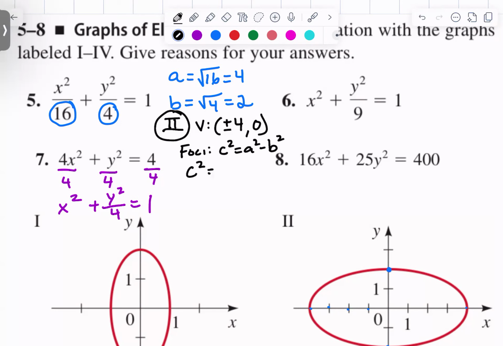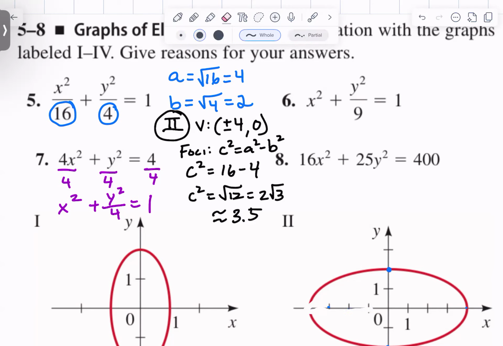So that's c squared equals 16 minus 4, which is square root of 12, which is equal to 2 square root of 3, which if you use your calculator, 2 square root of 3 is 3.4, right? So it's approximately 3.5.